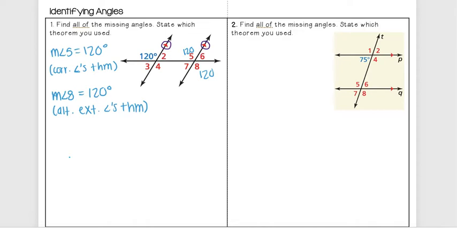Okay. Another thing that I learned was vertical angles theorem, or congruence theorem, and that said that vertical angles are congruent. Well, what's the other vertical angle? I see 120 and 4 are vertical angles, so that means the angle 4 is 120.